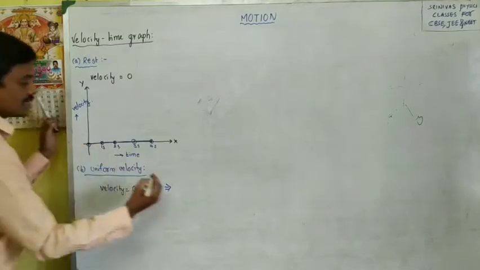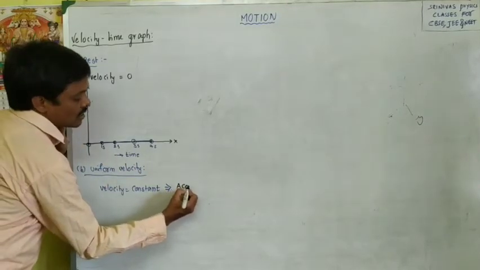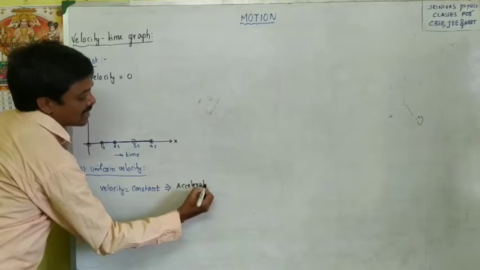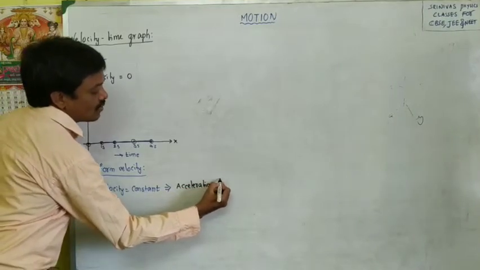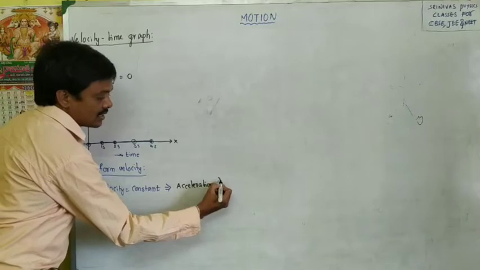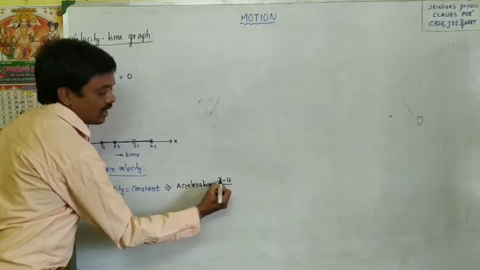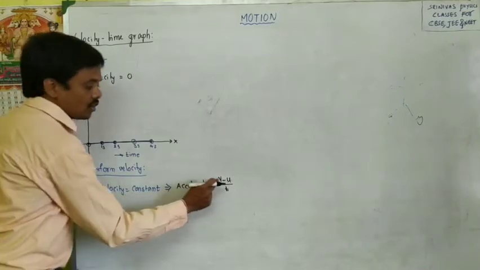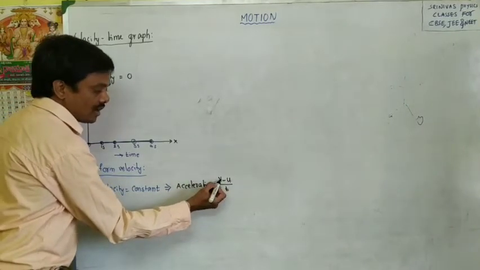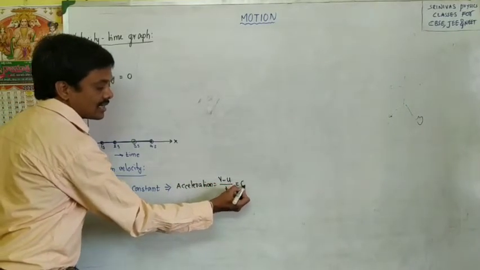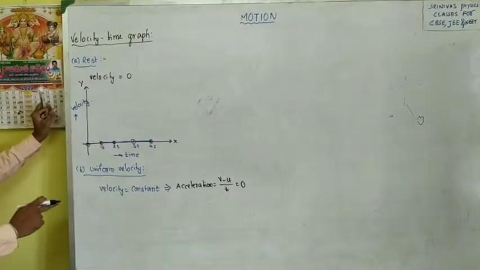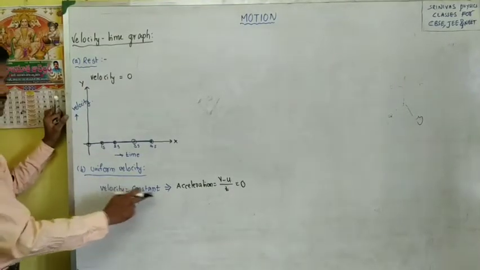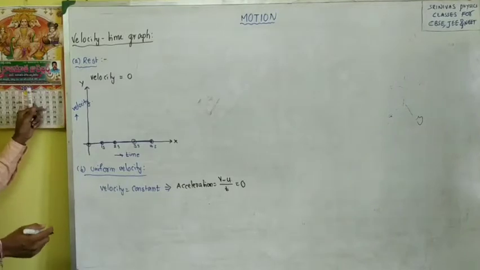Acceleration is change in velocity by time: final velocity minus initial velocity by time. When velocity is constant, change in velocity is 0, final velocity equals initial velocity, so acceleration is 0. When a body moves with uniform velocity, it does not have any acceleration.